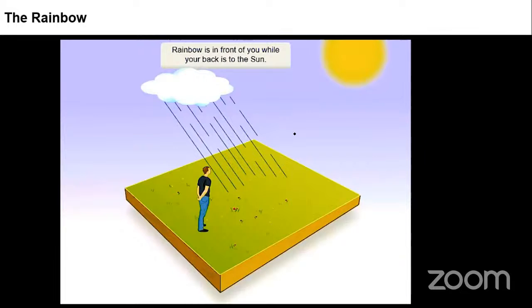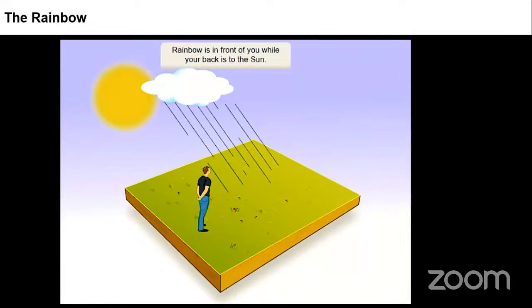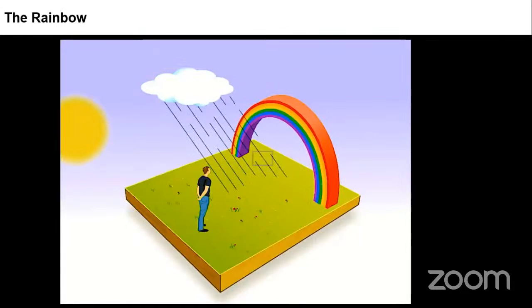So the rainbow will appear in front of you. Let us see the video here. Watch carefully. This is the natural phenomenon in ray optics. As your back is to the sun, you can see the rainbow appearing.